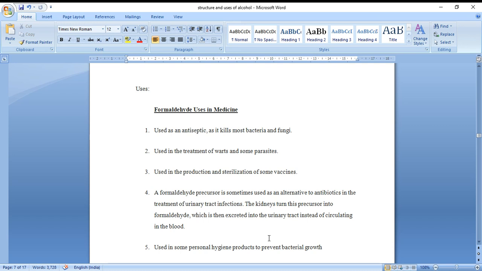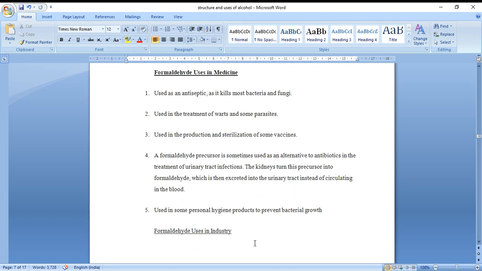For example, A gives B. Suppose B is formaldehyde and A is its precursor. To get B, we take A, and when it enters the kidney, A is turned into B, which can be used to treat urinary tract infections.